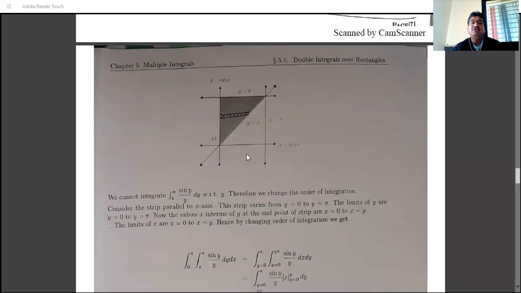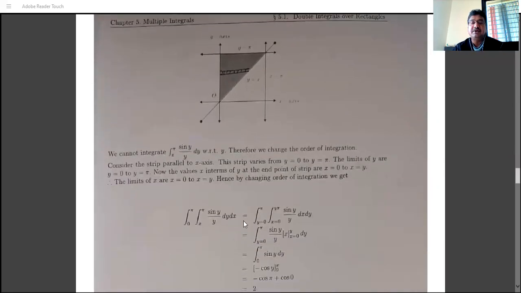In order to change the order of integration, write the given integration as a double integration of sin y by y, with dx dy instead of dy dx. In order to integrate with respect to x first, take a strip parallel to the x-axis. Its one end touches the line x is equal to 0, so x is equal to 0 is the lower limit, and the other end touches y is equal to x, meaning x is equal to y is the upper limit.